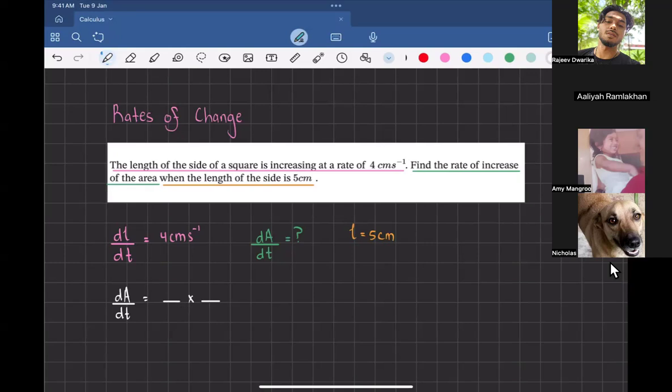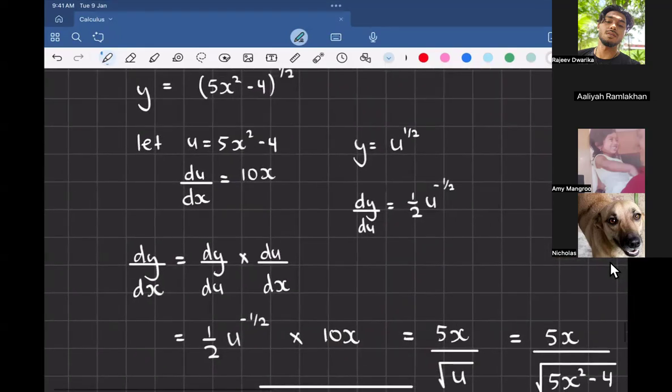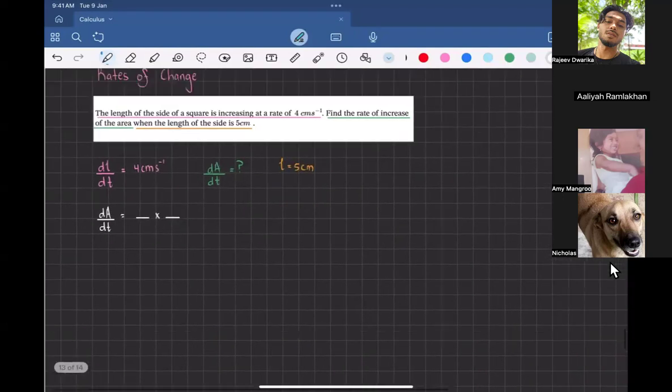So Aliyah, let me show you what I'm talking about. If we were doing a regular chain rule question and you had to find dy dx, you would say dy du times du dx, and the du's would cancel off. I want you to apply that same concept over here.